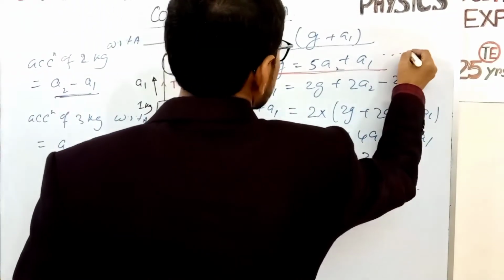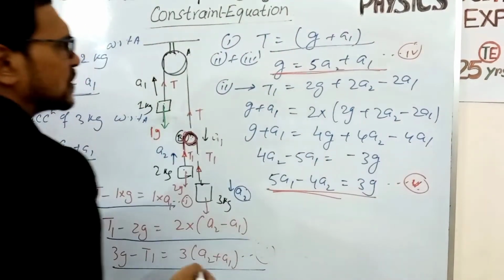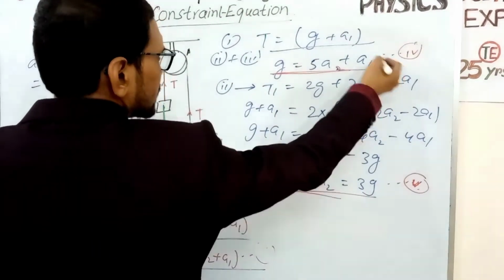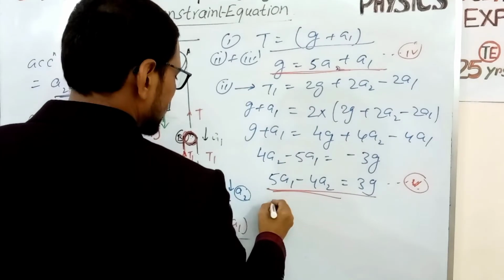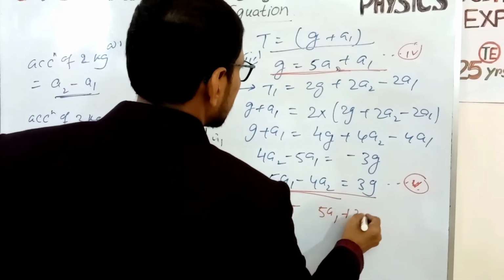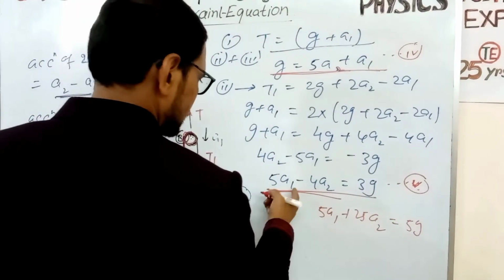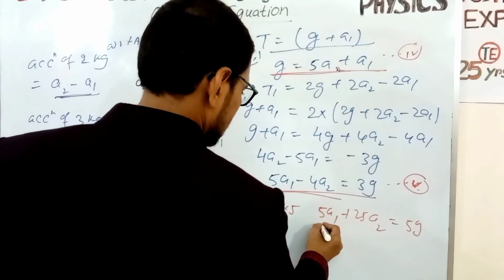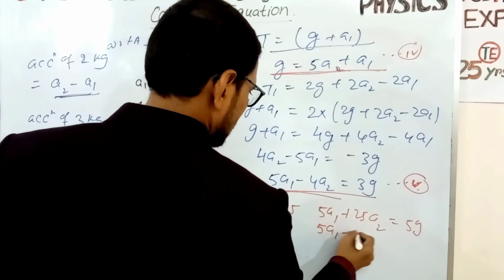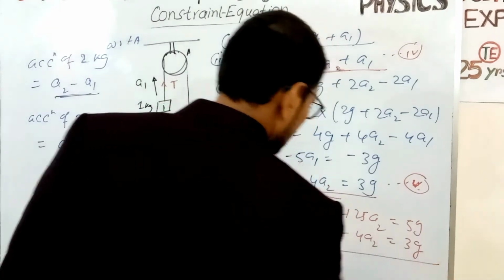Suppose this is equation 4 and this is equation 5. If we solve 4 and 5, we get a1 and a2. If we multiply 4 by 5, we get 5a1 plus 25a2 equals 5G, and 5a1 minus 4a2 equals 3G.